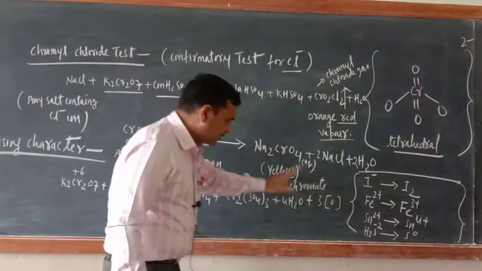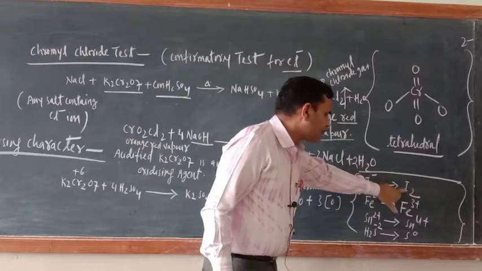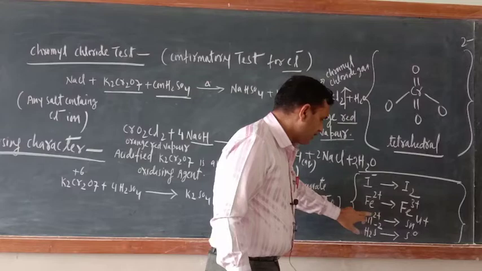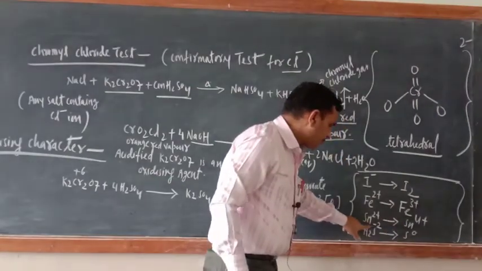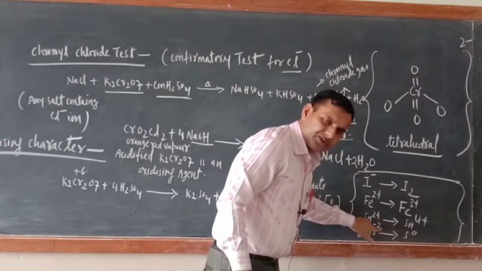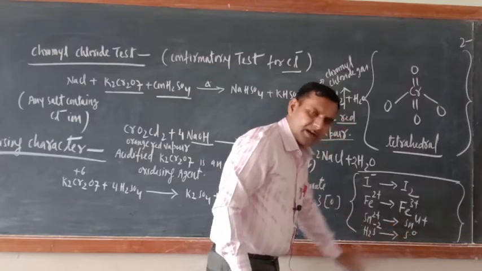Now just see, this nascent oxygen may oxidize I negative to I2, Fe2 positive to Fe3 positive, Sn2 positive to Sn4 positive, H2S to sulfur. In H2S the oxidation state of sulfide ion is -2. In sulfur it is 0.